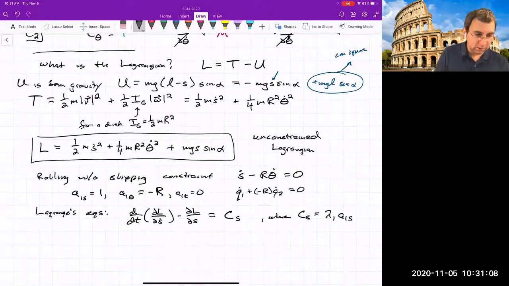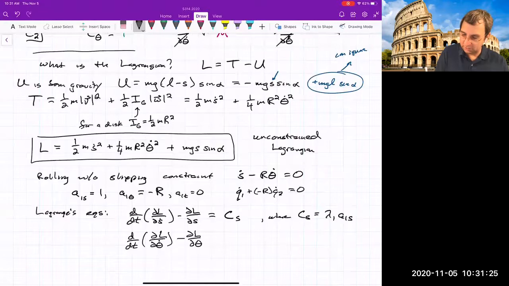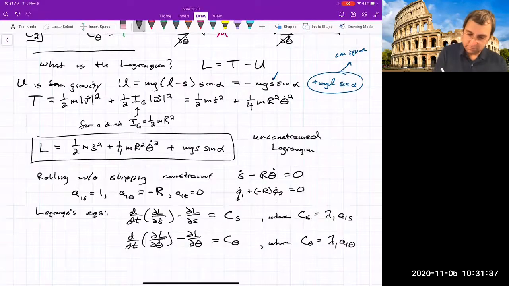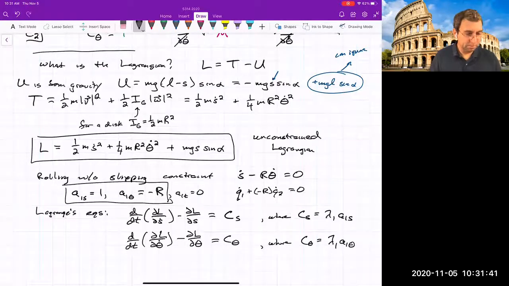So we've got two Lagrange's equations. d/dt partial L partial theta dot minus partial L partial theta equals C theta, where C theta is lambda 1 A1 theta. And we've got what these things are over here.